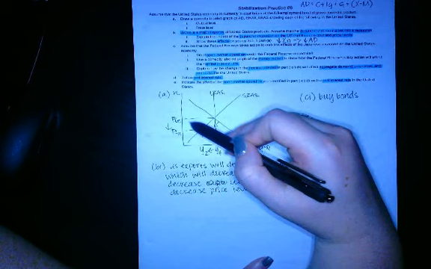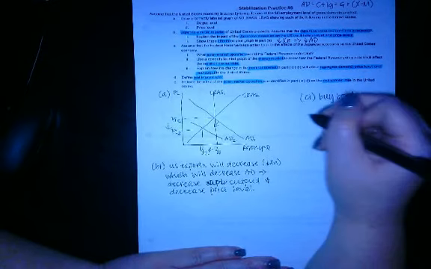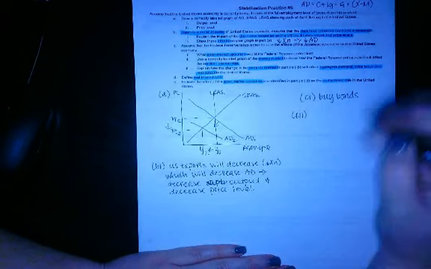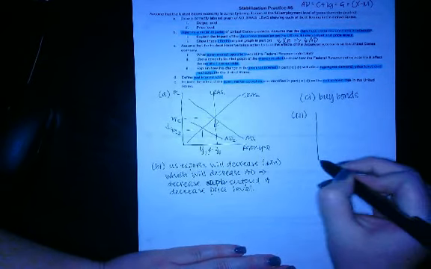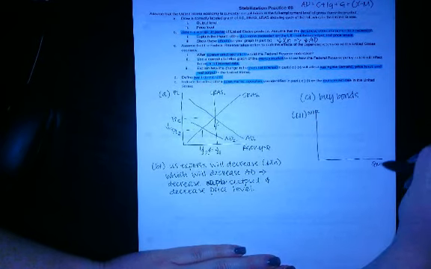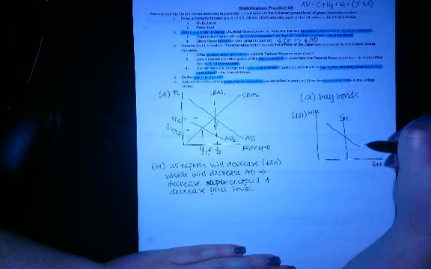C2 is drawing a correctly labeled money market graph. So we have our nominal interest rate, our quantity of money, our supply of money, and our demand of money. So how is this open market operation we identified in C1 going to impact our money market?